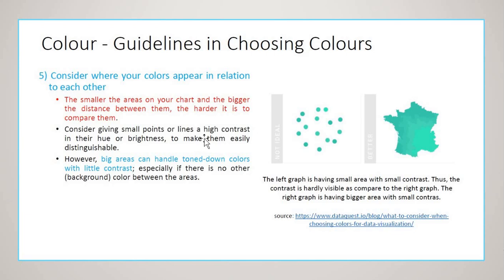So consider giving small points or lines a high contrast in their hue or brightness to make them easily distinguishable. But for big areas, you will see the difference even if it is slight. So big areas can handle toned down colours with little contrast like this. Okay, especially if there is no other background colour between the areas. There is no separator, they are close together like this, so it is easier to see the difference in colour hue.